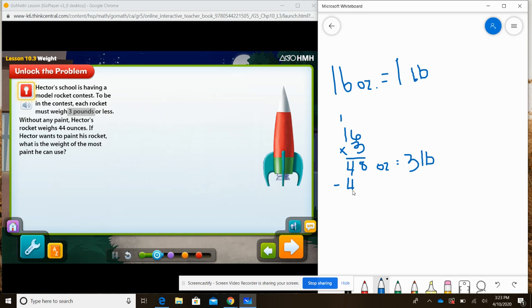So if I subtract my 44 from 48, I'm going to be left with 4 ounces. That is the maximum, the total amount of paint that he can put on his rocket. He can put on 4 ounces of paint to not go over the 3 pound limit. So your answer, 4 ounces.